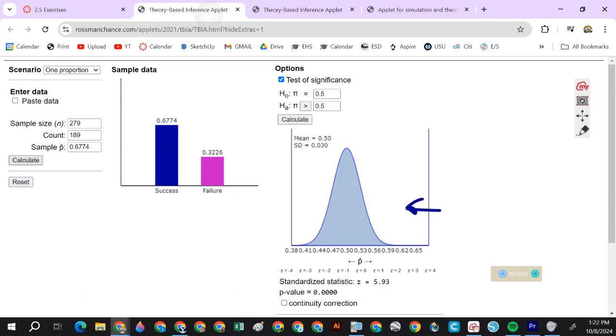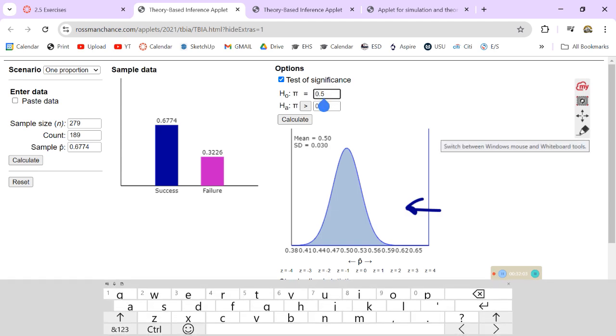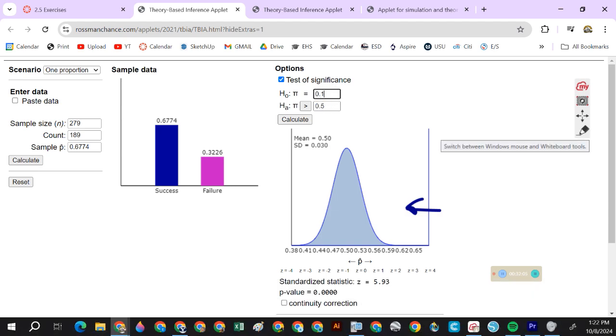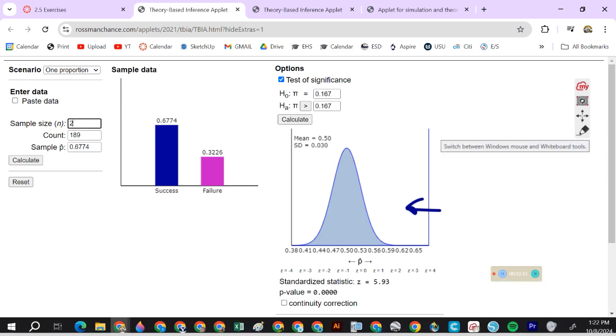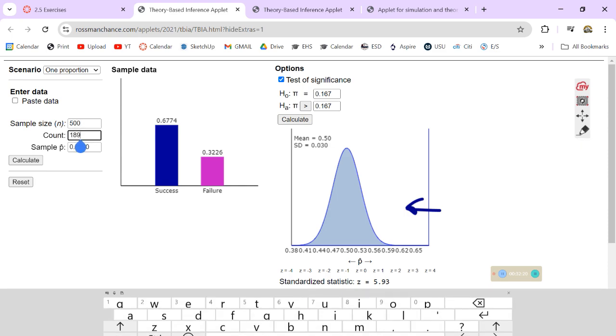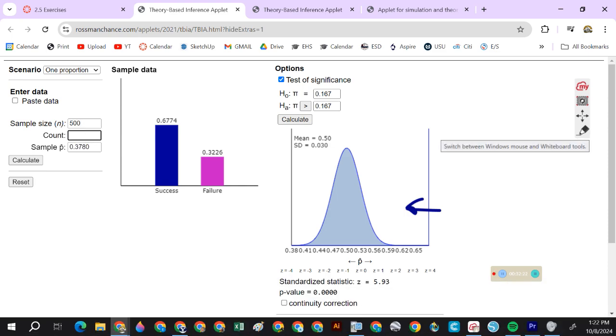All right, let's run the test. 0.167, and we ran 500 rolls, not 2,500. So 500, and our sample count is 92. You can either put in the p-hat percentage or the count.